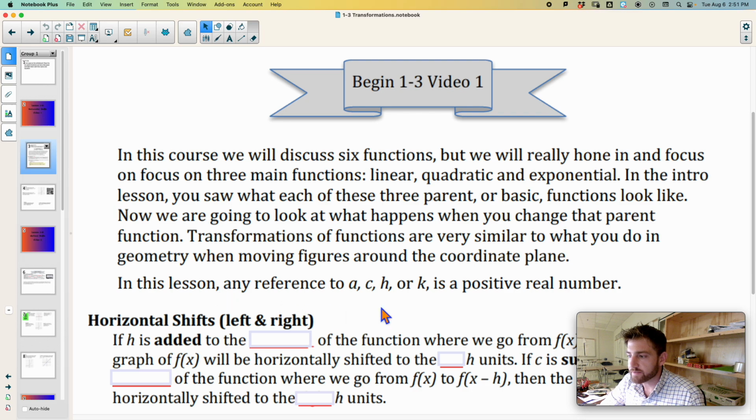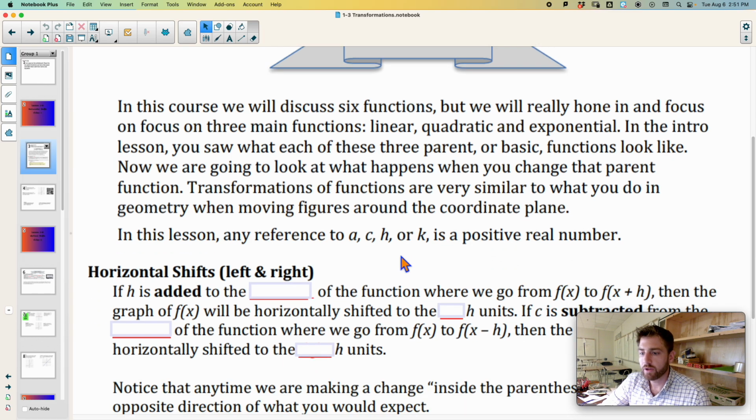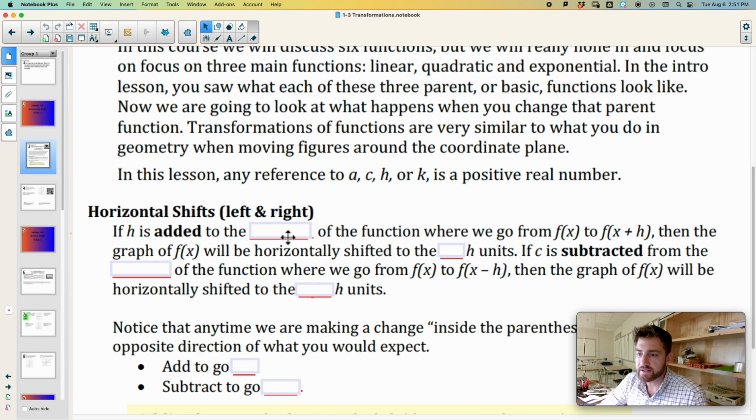So in this lesson, we're going to reference a, c, h, or k, and it's going to be a positive real number. Alright, so the first thing here is that if h is added to the variable of a function, where we go from f of x to f of x plus h inside the parentheses, then the graph of f of x will be horizontally shifted to the left.